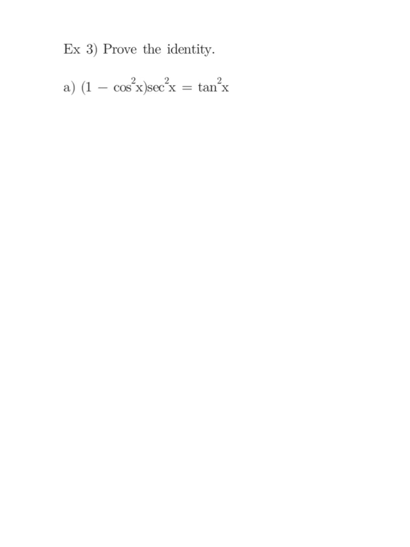Generally, we want to work on the more complicated side and try to make it equal the simpler side. And in looking at this one, the left side is clearly the more complicated side.